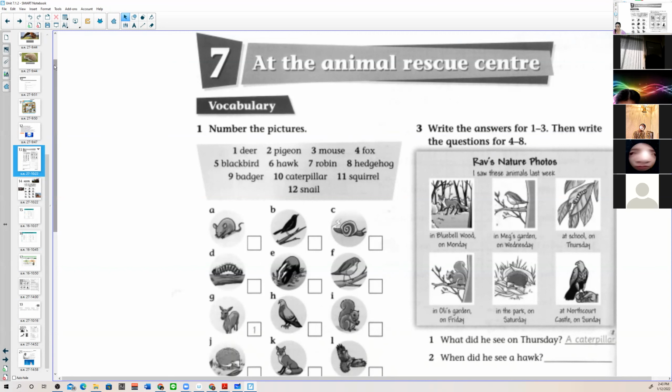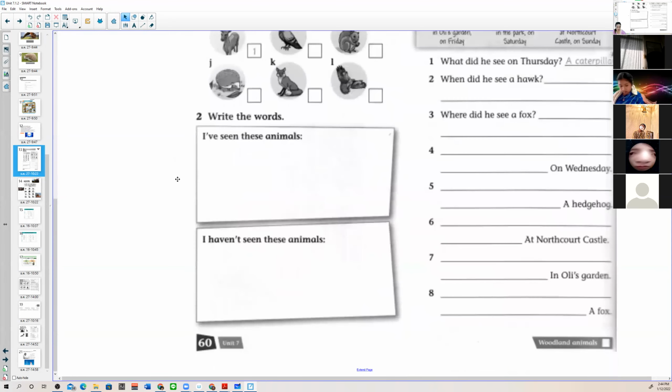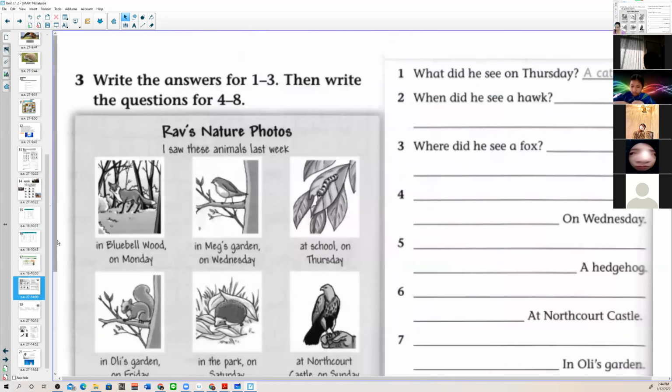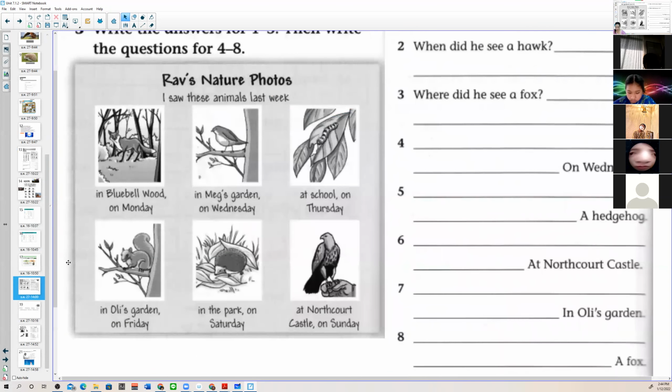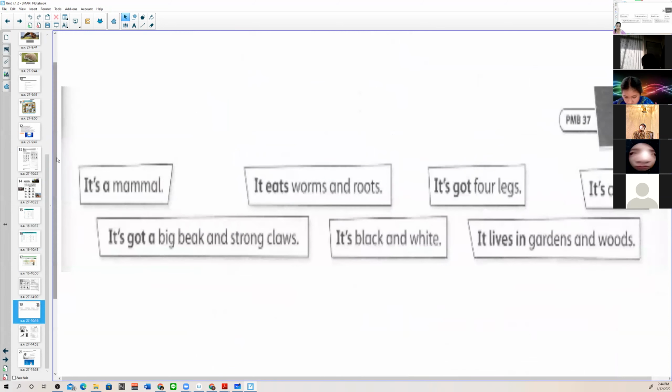We have finished this activity, right? The first one, right? We did applying the past simple question into sentences, making questions, right? Well, today we are going to learn about how to describe an animal.